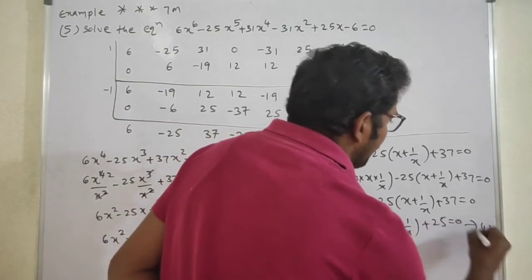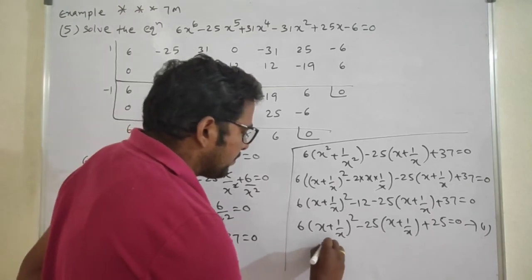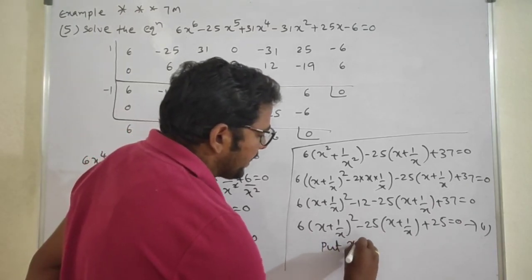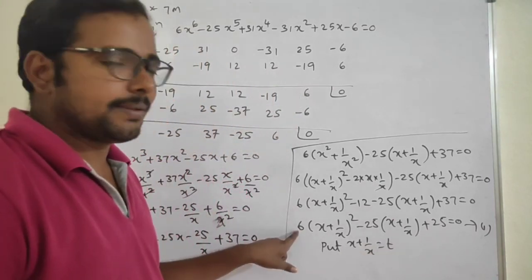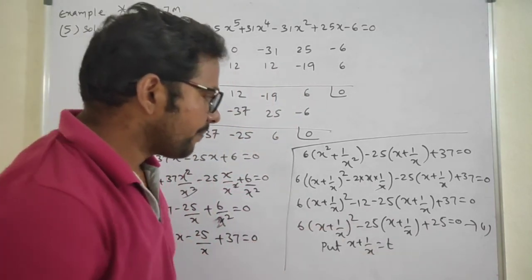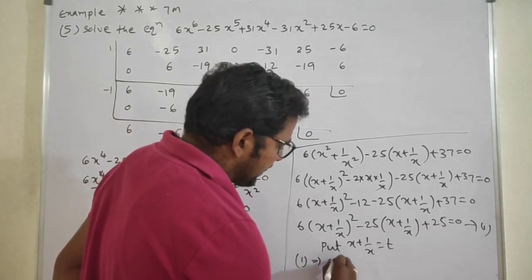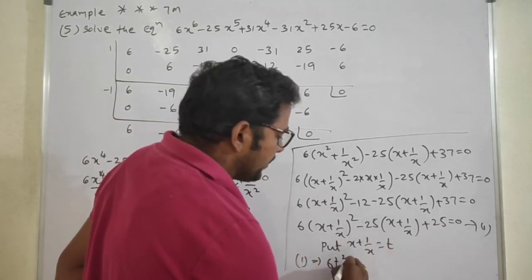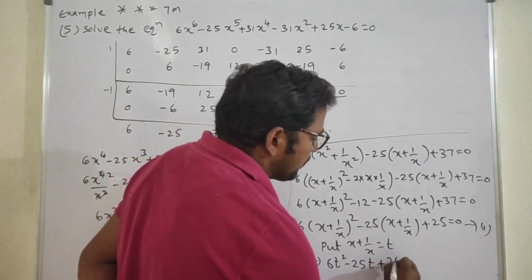Take it as equation number 1. Put x + 1/x = t. Substituting in the equation, we get 6t^2 - 25t + 25 = 0.